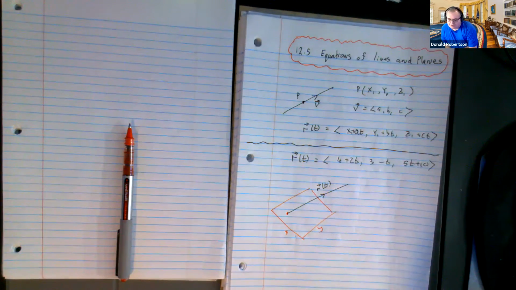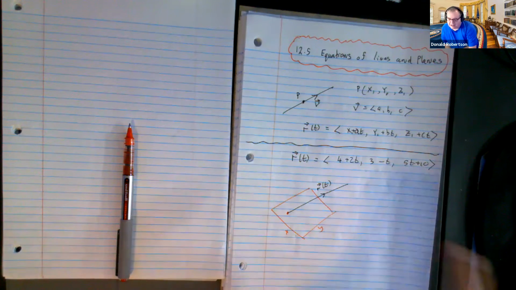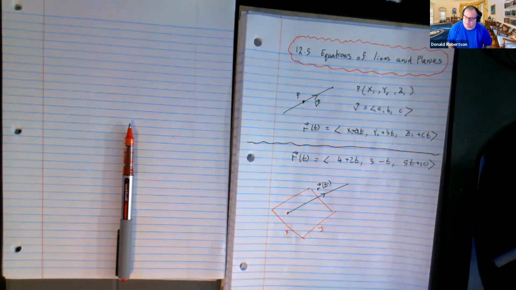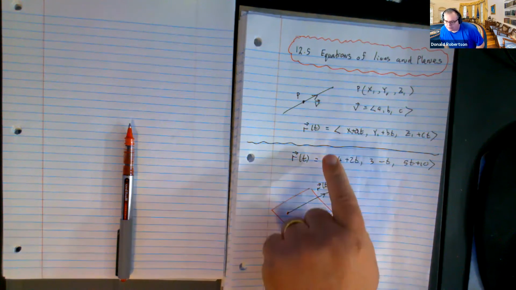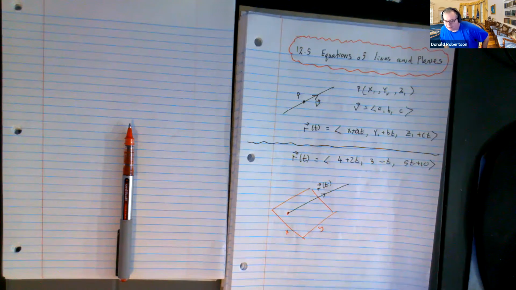So the question is, what are the coordinates of the point where this line crosses the XY plane? How are you going to use the equation of this line to find the coordinates of the point where it hits the floor?